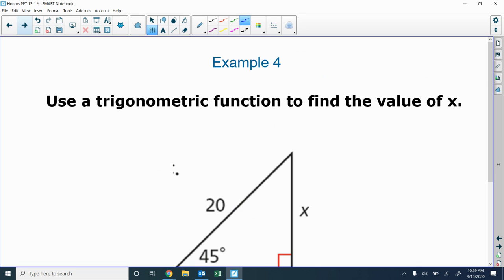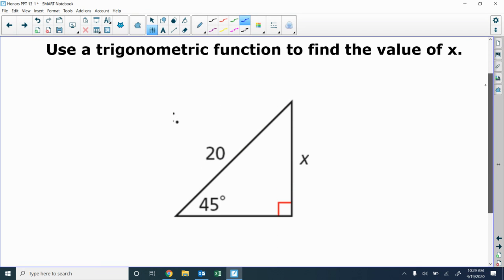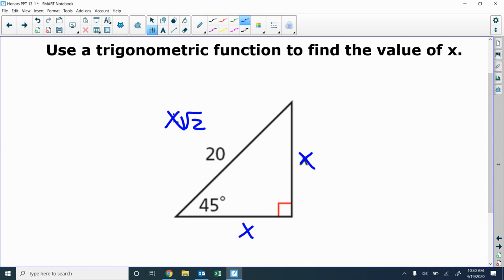Let's try one of the 45s. Again, we want to label our ratios, and this x is already here, so that's x. This side is x. This side happens to be x square roots of 2. So we're going to take that, x square roots of 2, set it equal to the length of that side. Divide by square root of 2, of course.